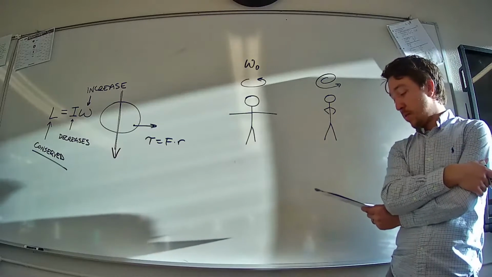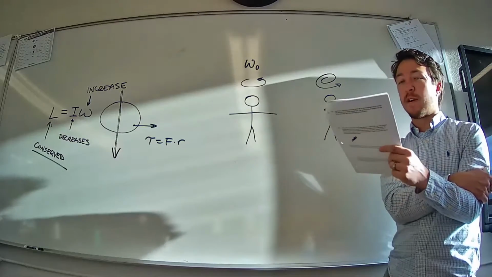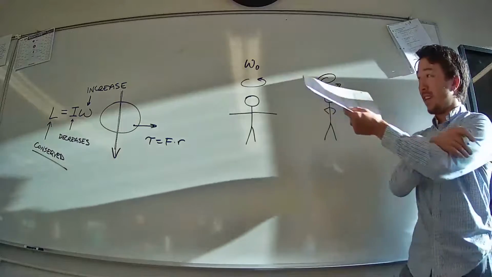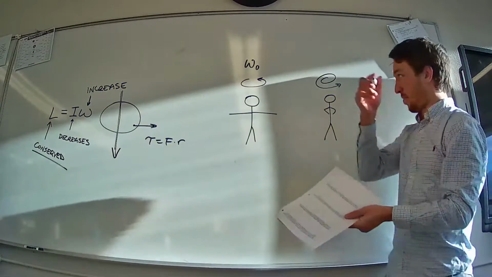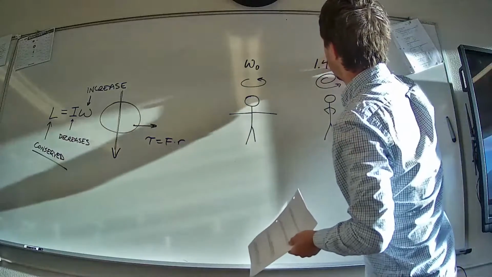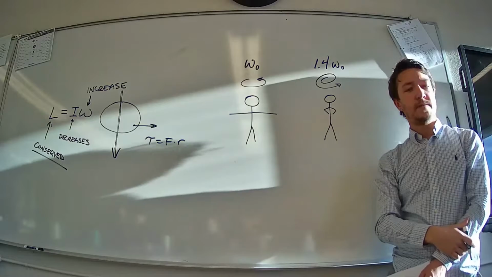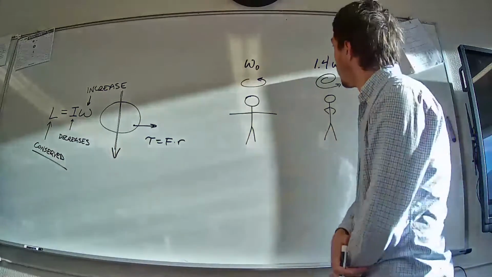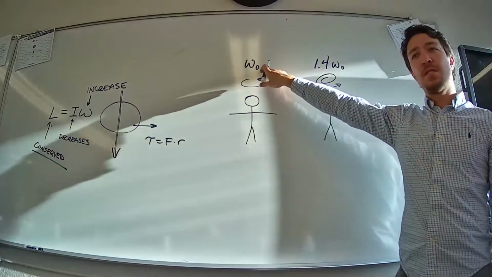So it says his angular velocity increases by 40%. So if he initially had an angular velocity of this, what's the new one? 1.4. Right? We understand? That's 40% bigger than that, right?